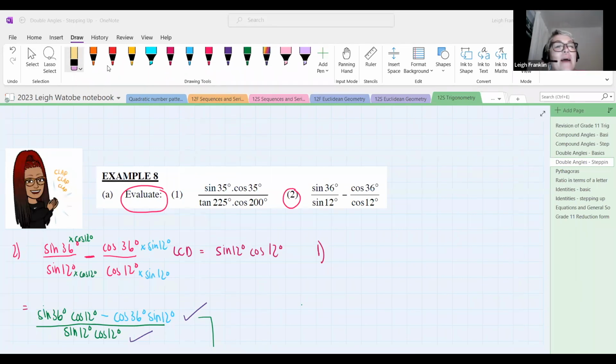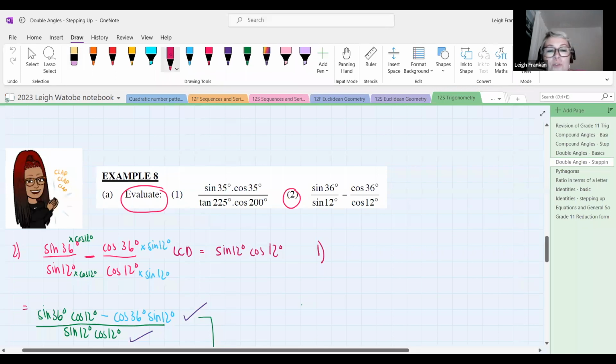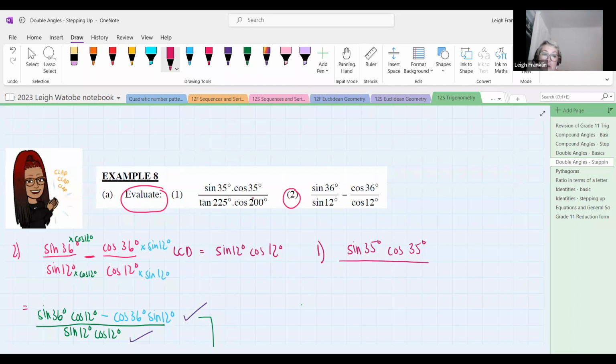All right, let's go back to question number 1. So in the numerator, we have sine 35, cos 35. They're both acute angles, and we can't really do anything with that. So we're going to leave them alone. Looking in the denominator, we've got tan 225, cos 200. If you have got angles bigger than 90, use grade 11 reduction formulae, okay?